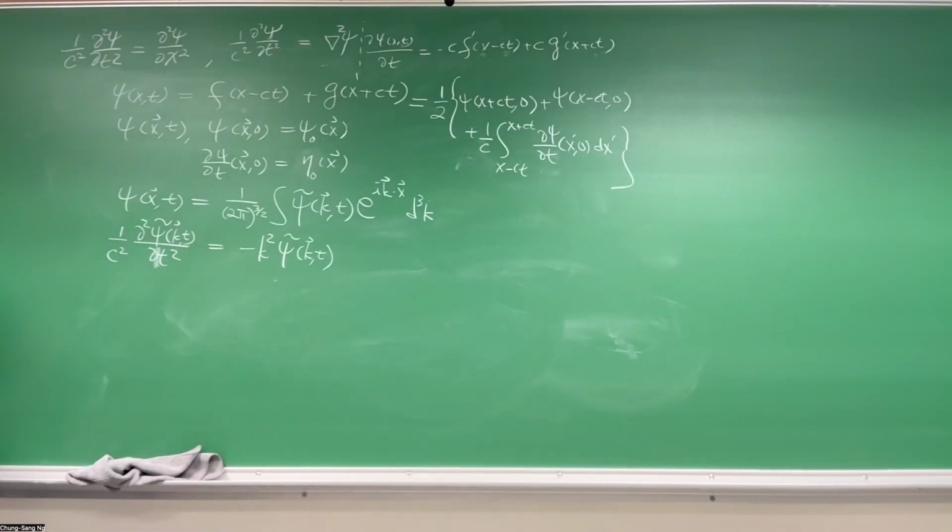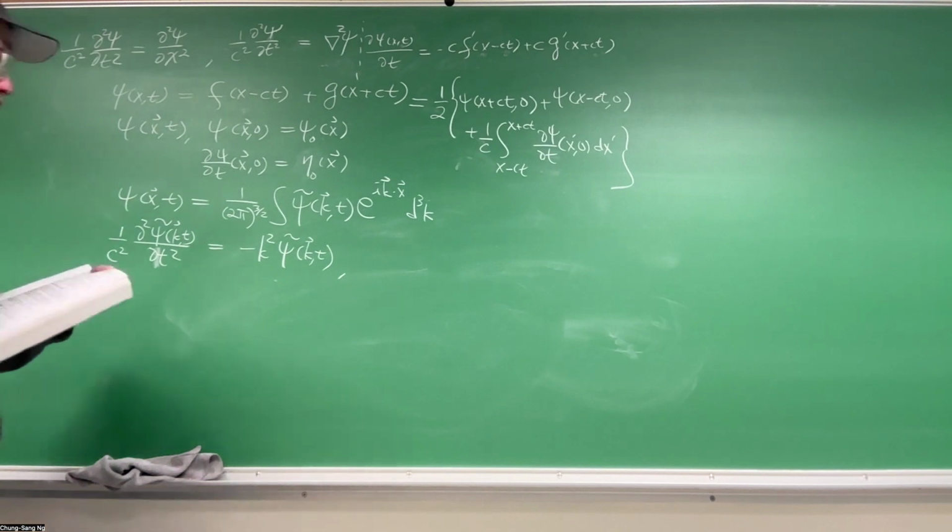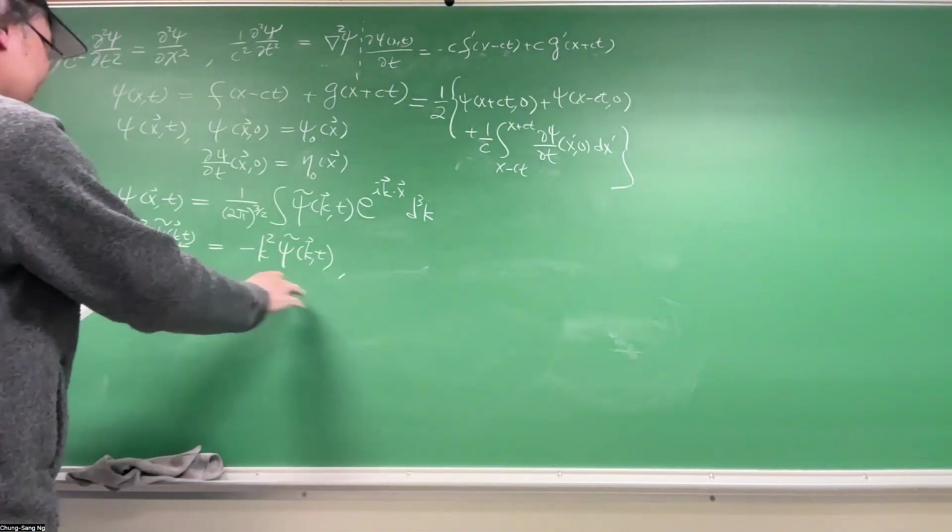What is that? It's a simple harmonic oscillator. We did that many times in the separation of variables, and in many cases we get the simple harmonic oscillator equation, right?